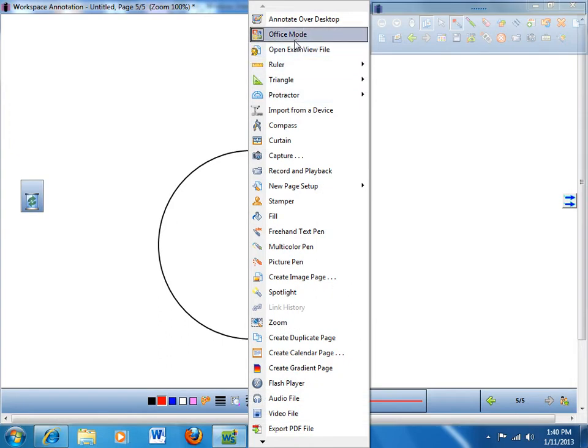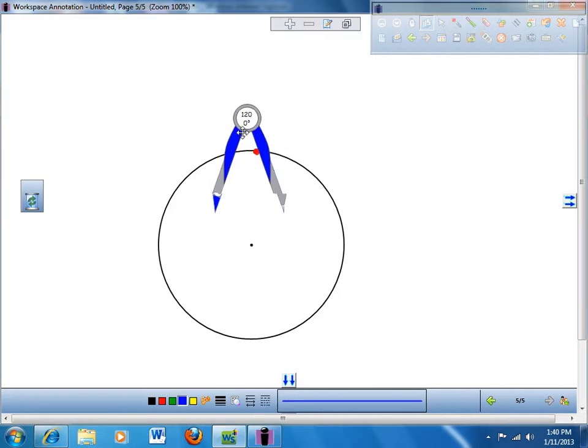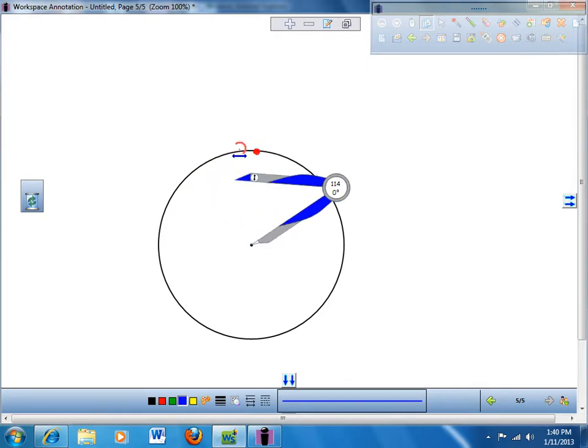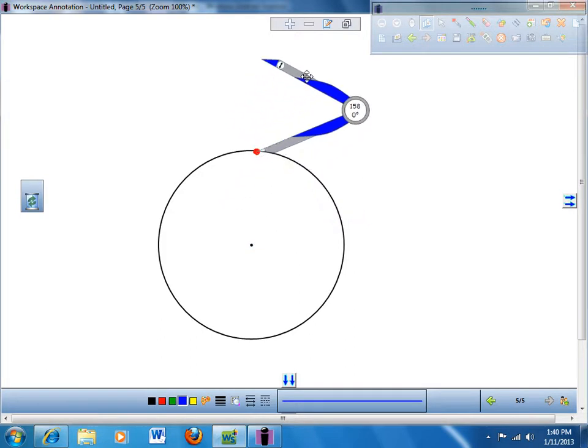I'm going to go back to my compass. I'm going to try this again. I stretch it out so it exactly meets a point on the circle. It says 158. Remember, this was kind of a pain.